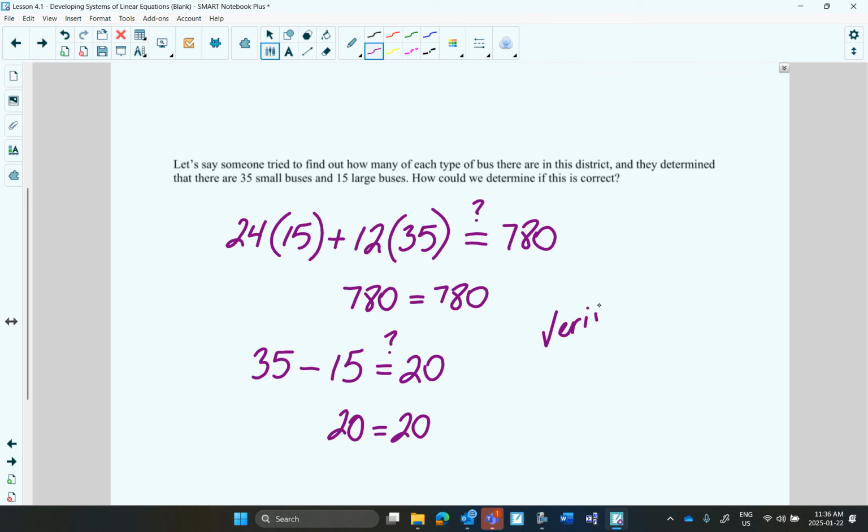We have verified the solution. So yes, it is the solution. Whoever calculated it did not make a mistake. That's really what we're going to focus on here for today to start, before we start figuring out exactly how to solve these things. So let's look at a few more examples.